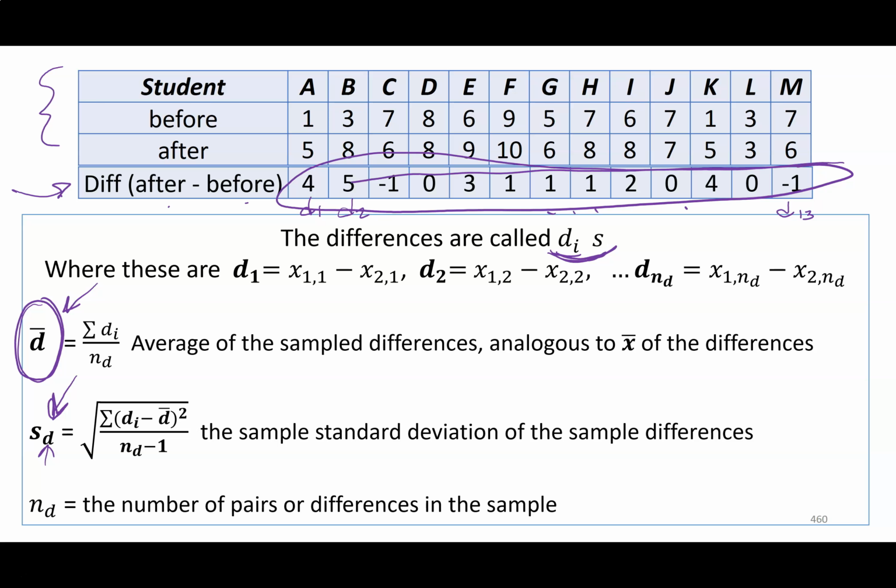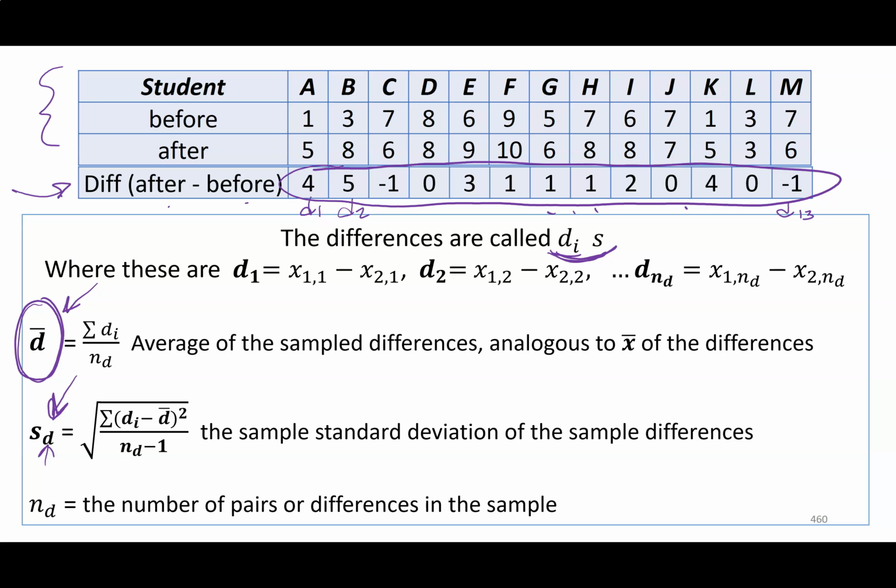So if I threw just the differences in the calculator and asked for the standard deviation of those values, that is the standard deviation of the differences in the sample. And then nd, that's just saying, how many pairs or differences? There are 13 students in this. So here, nd is 13 in this example.